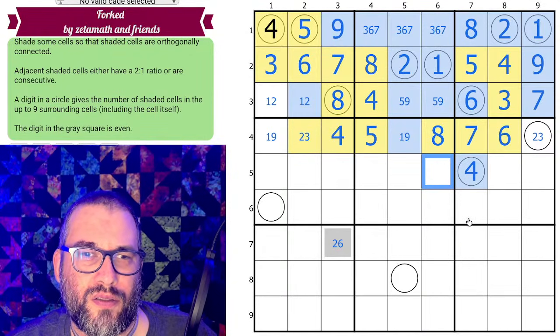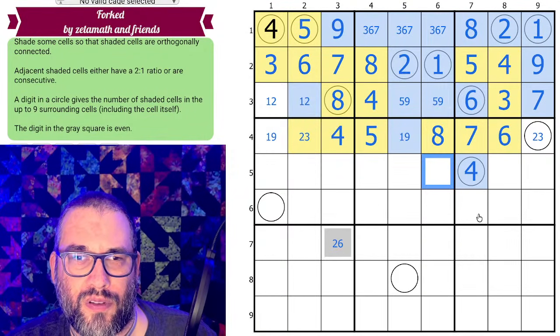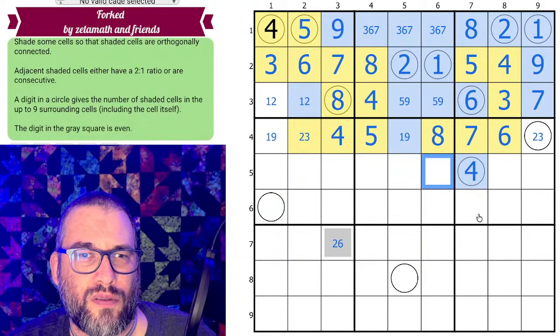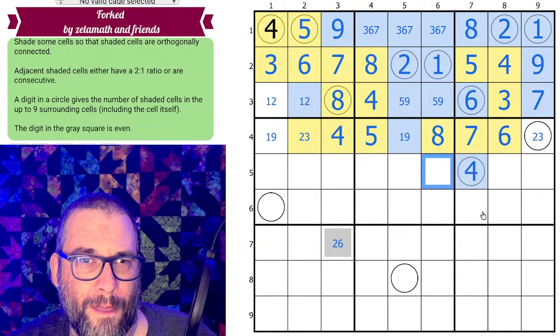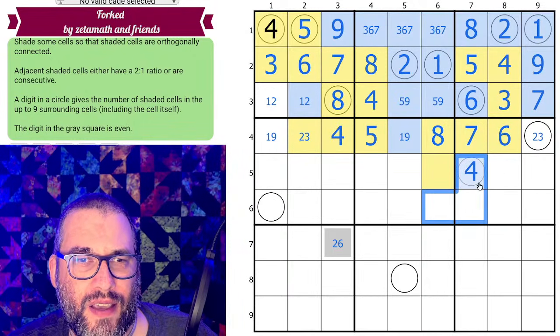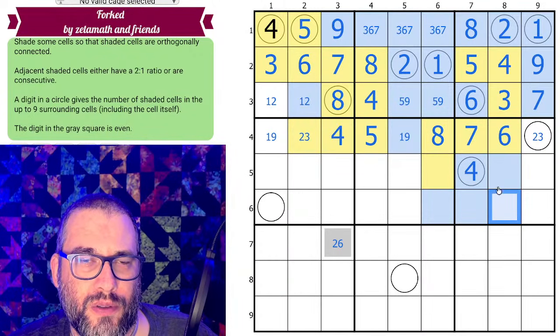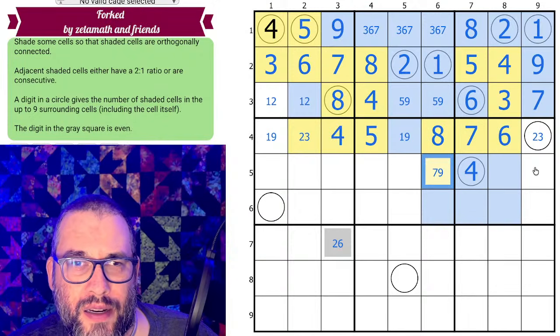So that's yellow. All of these are blue. Yeah, this is 7 or 9.